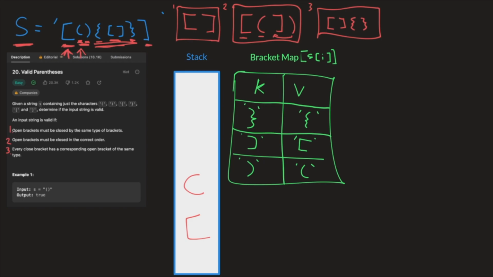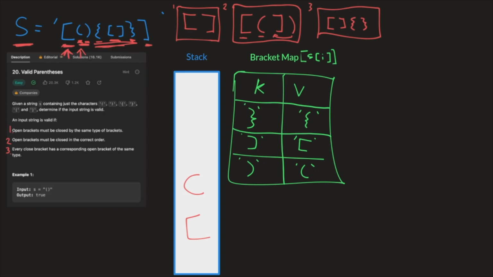And they all map out to the same type, but the opening version of that type. So if we get the value of the key, right here we are calling bracket map, or it's pseudocode calling bracket map, right? And we're passing in s of i, and s of i is going to be one of our keys over here on the left.